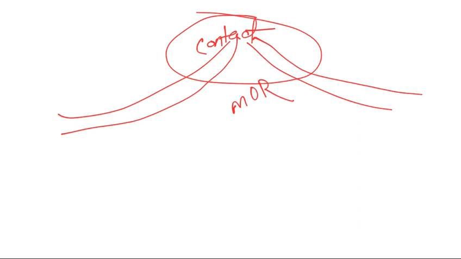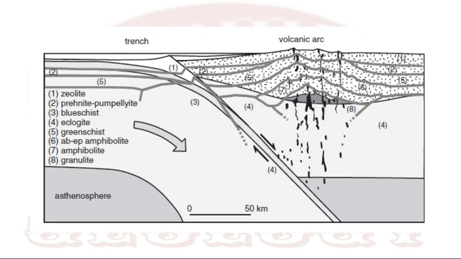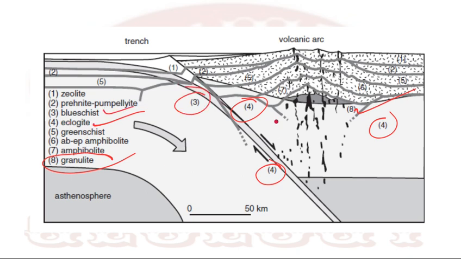Okay, let's see the diagram. Four is eclogite. Eight is granulite. Three is blueschist.